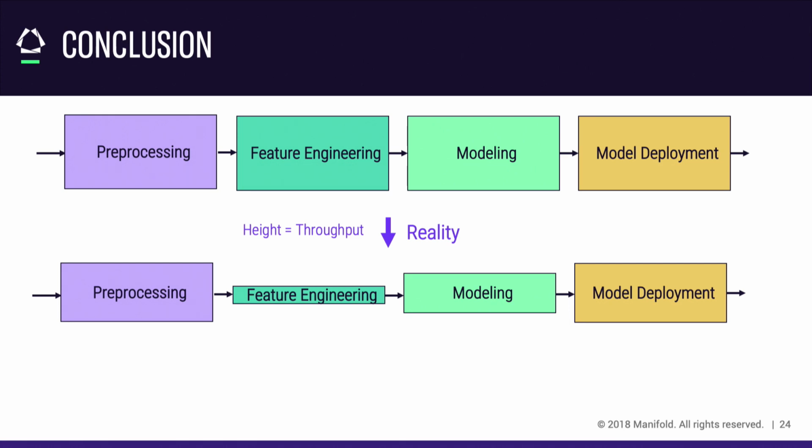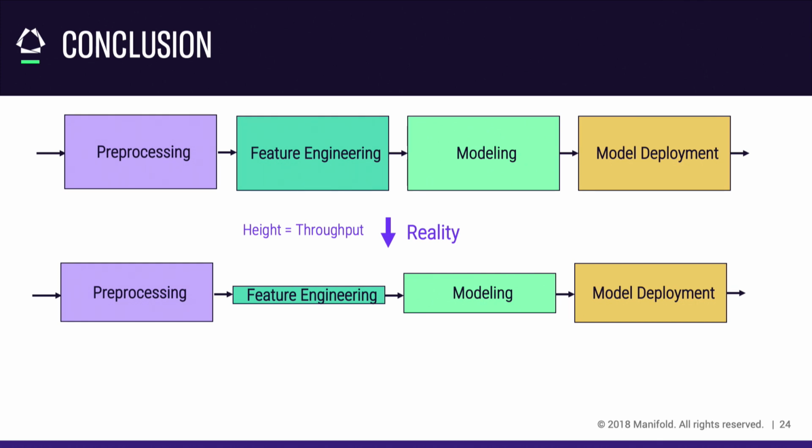Your feature engineering can be very compute intensive, so the amount of time it takes to process a single data point is much longer than maybe pre-processing for that data point. So height represents throughput. Essentially, the shorter it is, the longer it takes for a data point to flow through that stage.